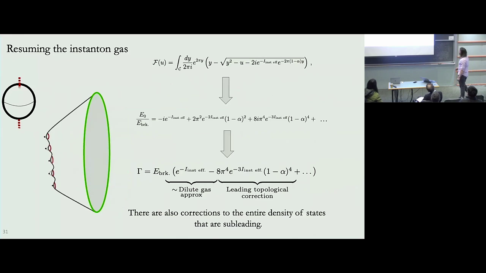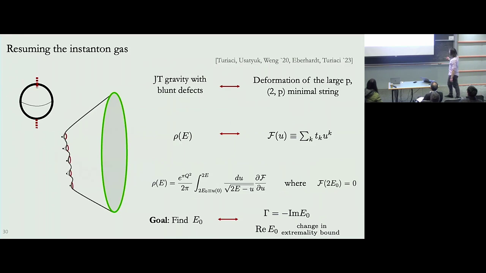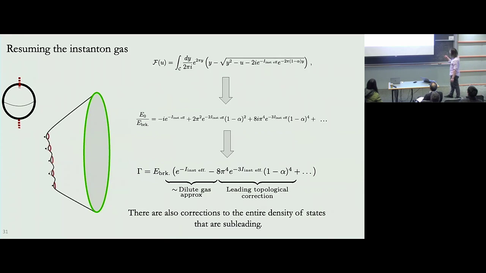Okay, so the authors that I previously mentioned actually solved the string equation in this model, and it takes the following generating form. That's explicitly given in terms of the weight of the defects, which in our case are just the e to the minus action, the partition functions of individual instantons. We want to solve this equation equal to 0 in perturbation theory, let's say in the angle of the defect.